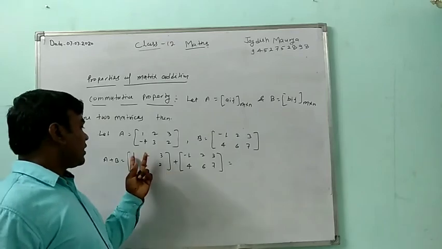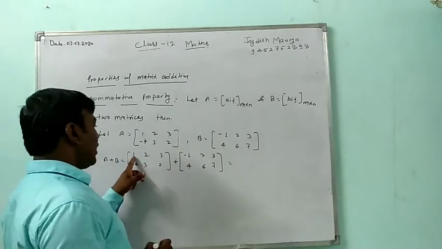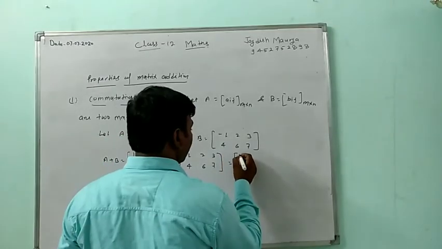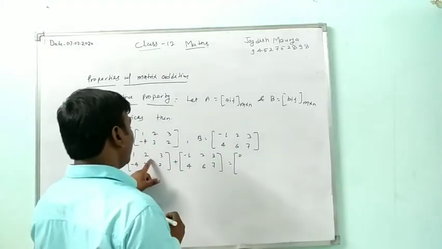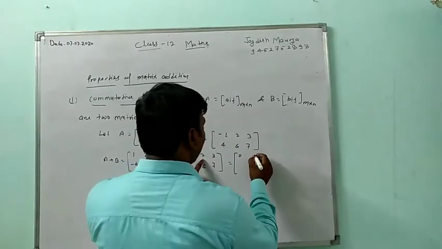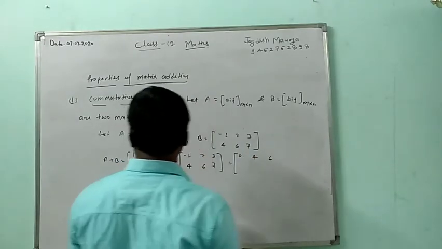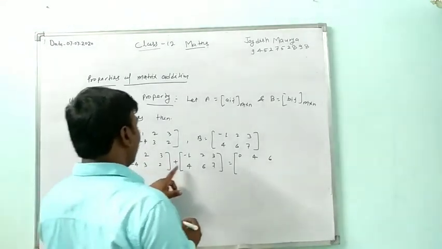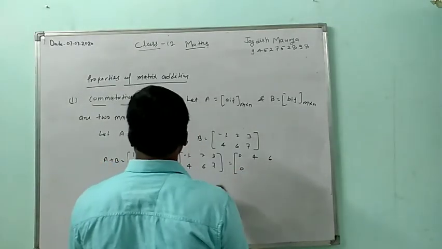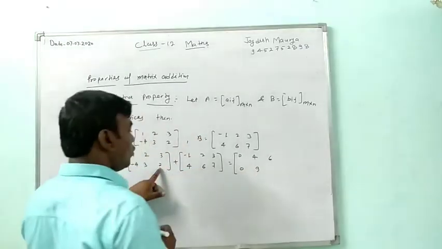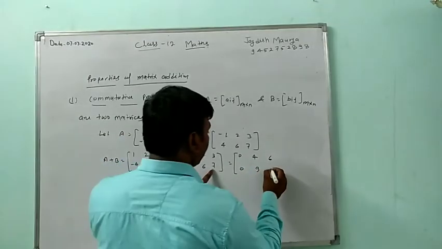We add the corresponding elements. 1 plus minus 1, this will come 0, 2 plus 2, 4, 3 plus 3, 6, minus 4 plus 4, 0, 3 plus 6, 9, 2 plus 7, 9.